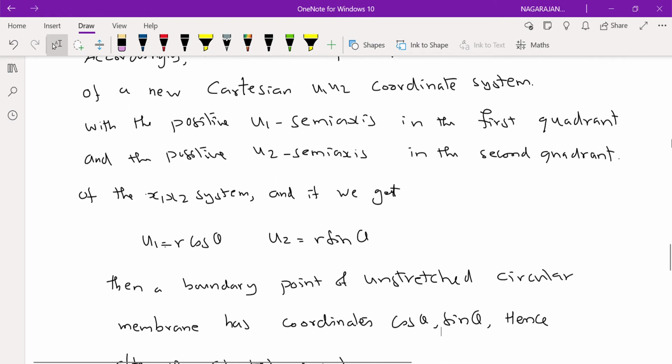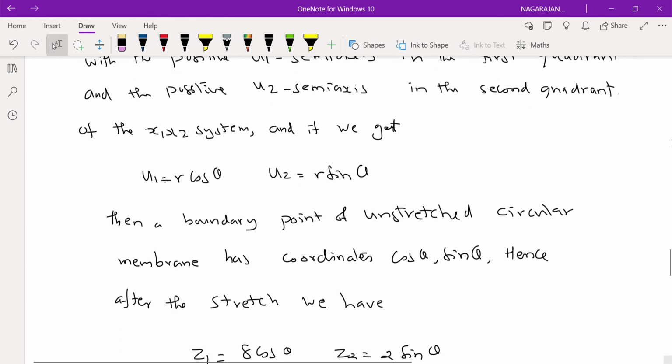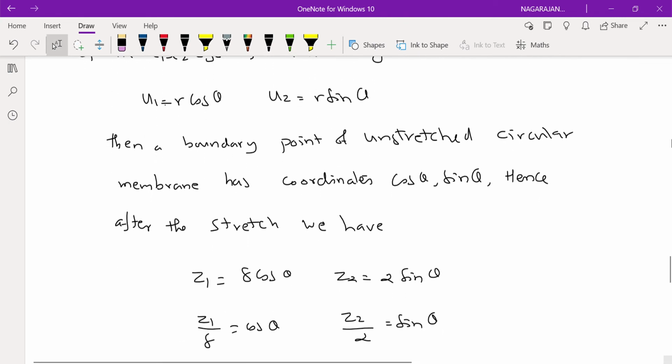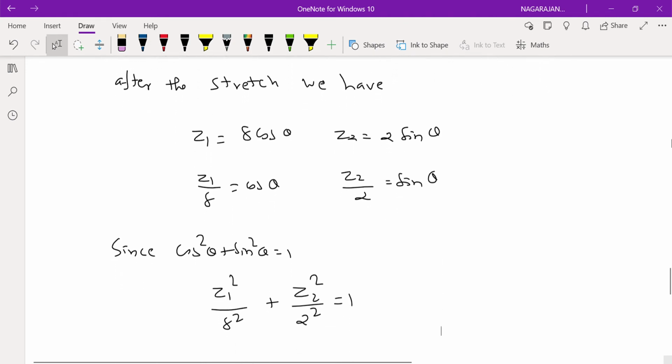If u1 equal to r cos theta, u2 equal to r sin theta, then a boundary point of the unstretched circular membrane has coordinates cos theta, sin theta. Hence after the stretch we have z1 equal to 8 cos theta, z2 equal to 2 sin theta. So z1 by 8 is cos theta, z2 by 2 is sin theta, and squaring and adding, cos squared theta plus sin squared theta equal to 1. So z1 squared by 8 squared plus z2 squared by 2 squared equal to 1.